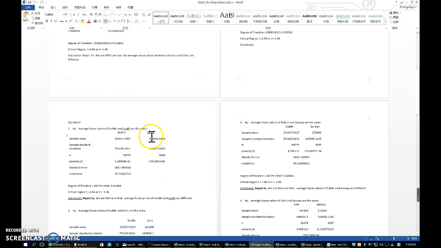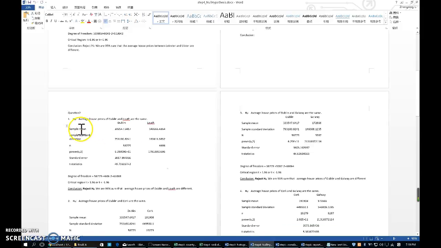And question 2 is average house prices differ between counties.